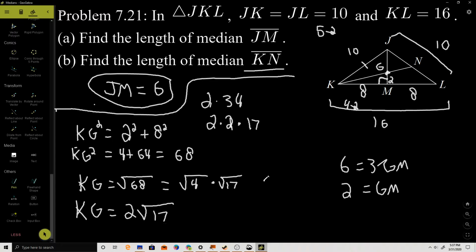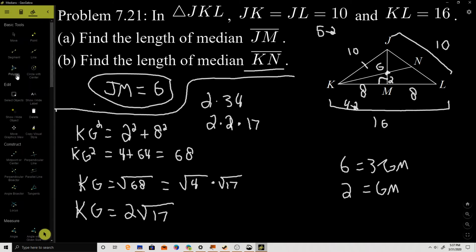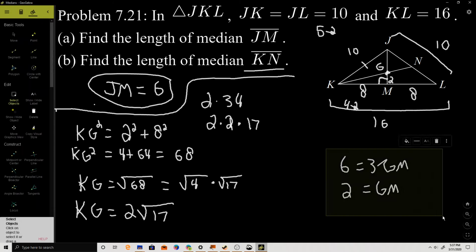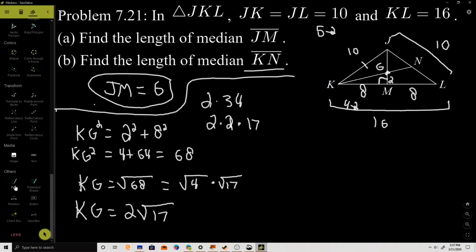And I had just established earlier that the whole median, the entire median, creates a 3-to-1 ratio with the smaller section of the median cut off by the centroid.